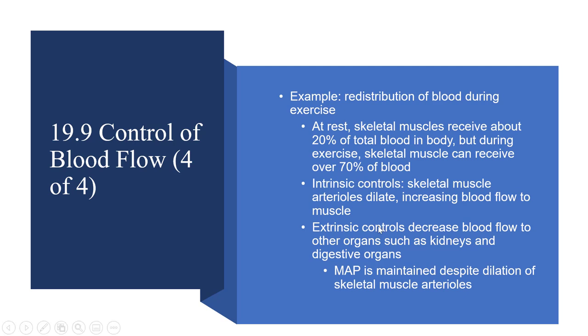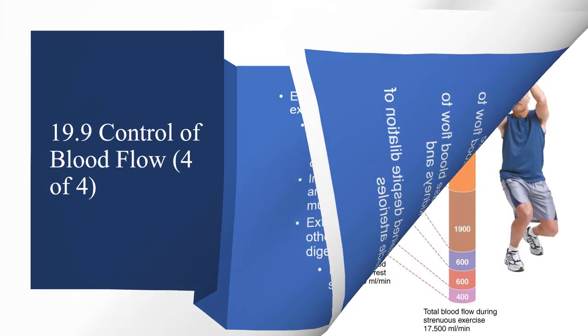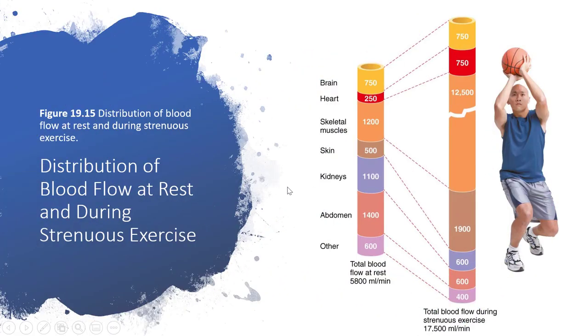The mean arterial pressure is maintained despite the dilation of skeletal muscle arterioles. Most especially, you need to maintain the mean arterial pressure in vital organs where you cannot really reduce blood flow. And here is the distribution of blood flow, okay, at rest and during exercise.